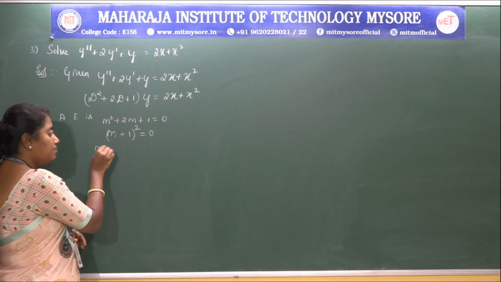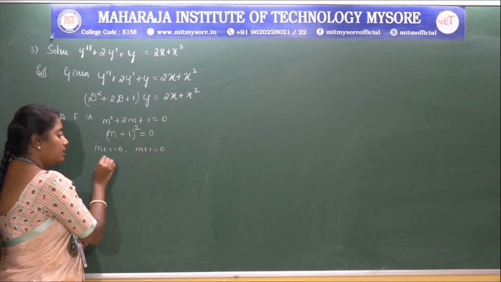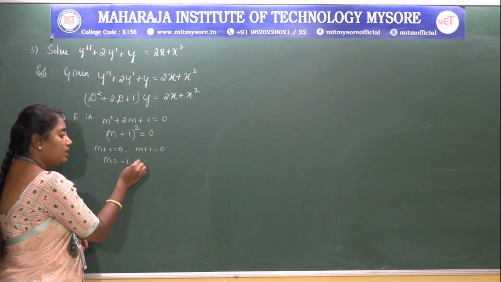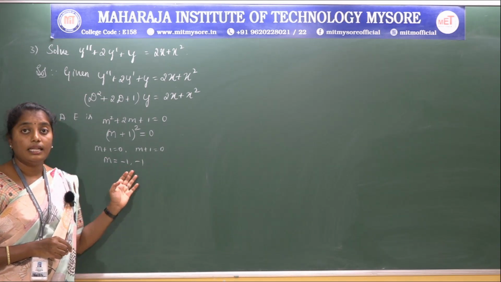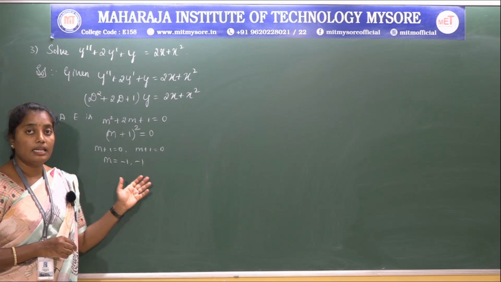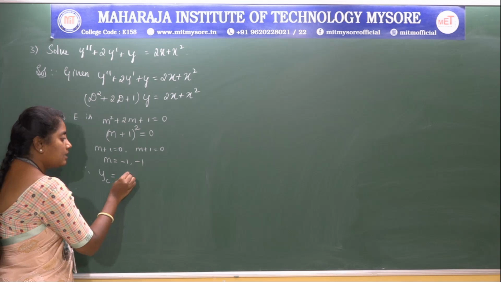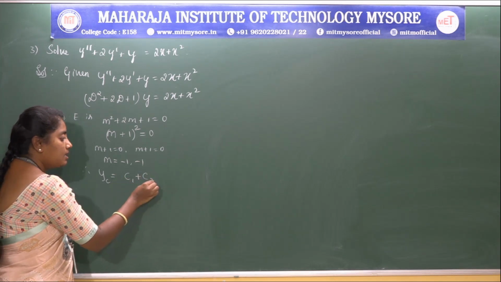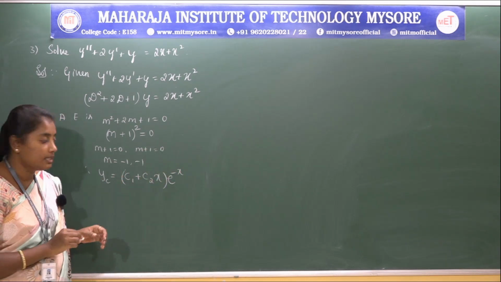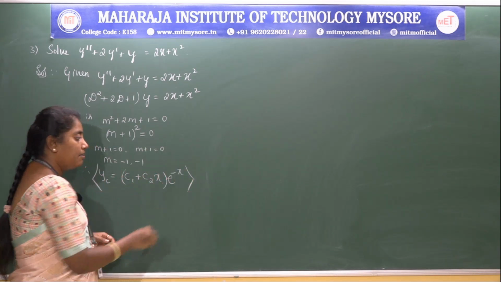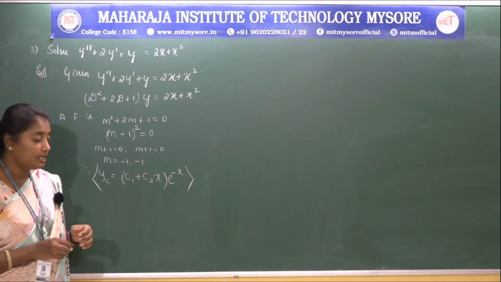So m plus 1 equal to 0, m is equal to minus 1, comma, minus 1 are the obtained roots. So the roots are real and coincident here. Therefore, complementary function, that is yc, is equal to c1 plus c2x into e to the power of minus x.